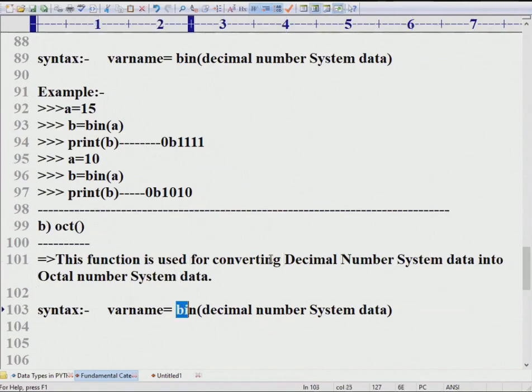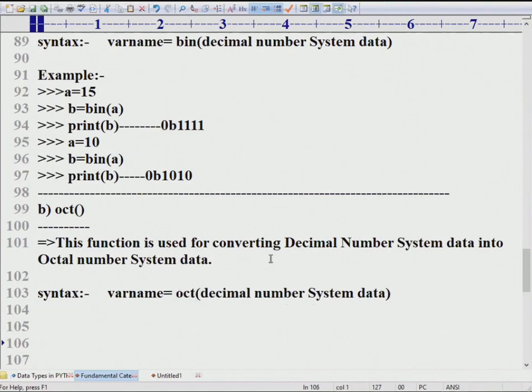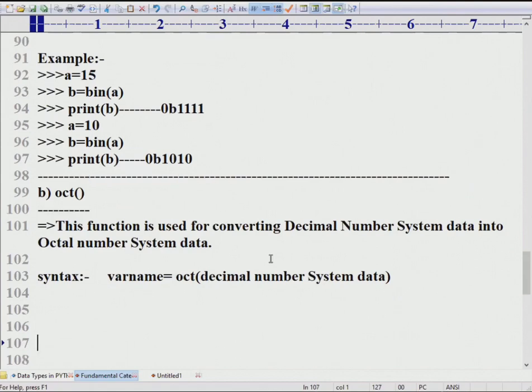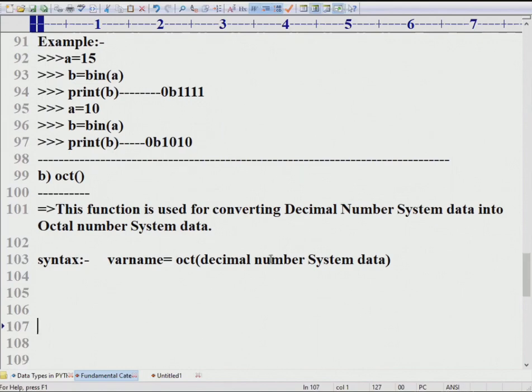I will take the syntax: oct of decimal number system data. I will take the examples also.